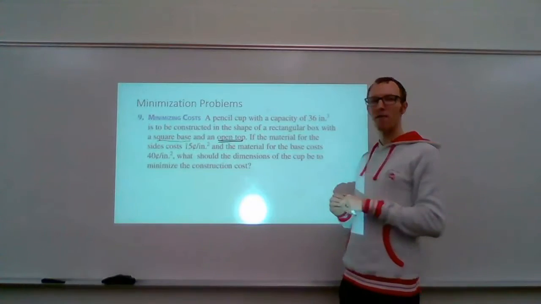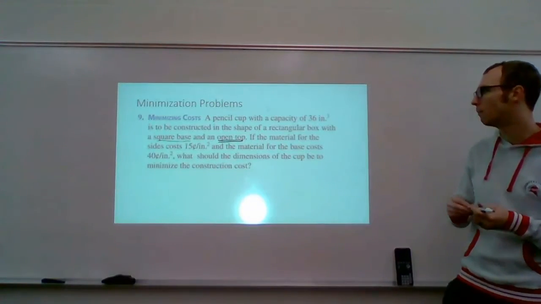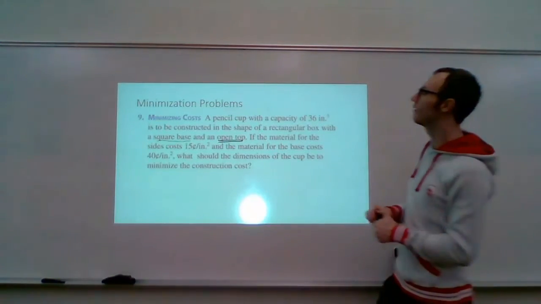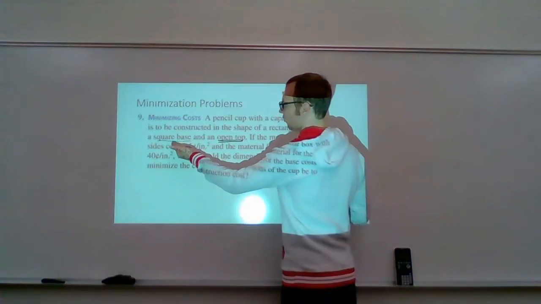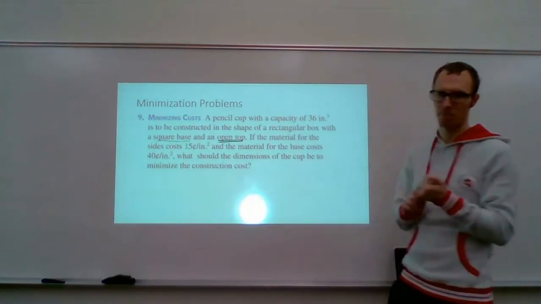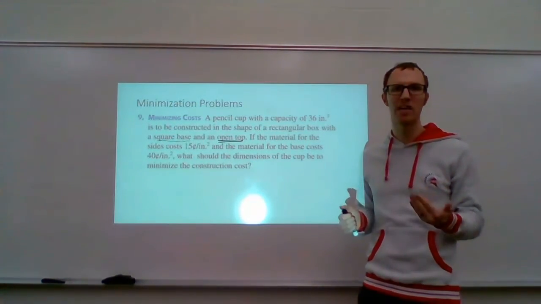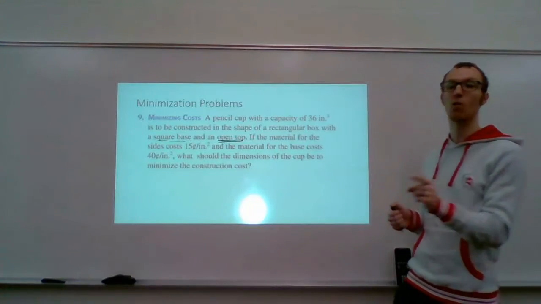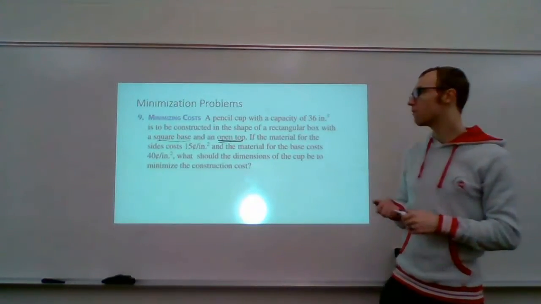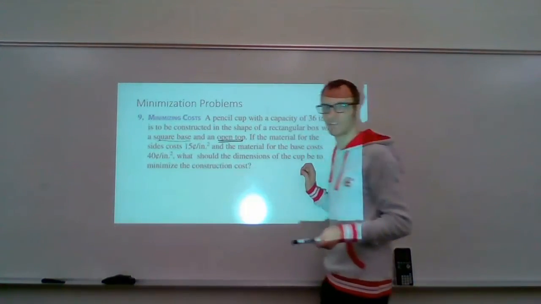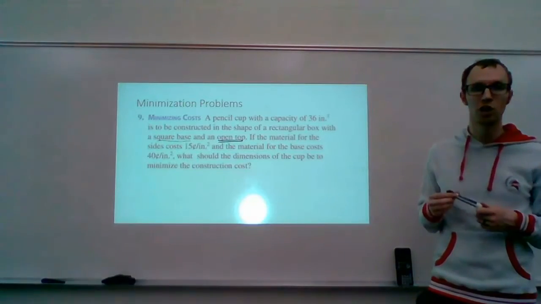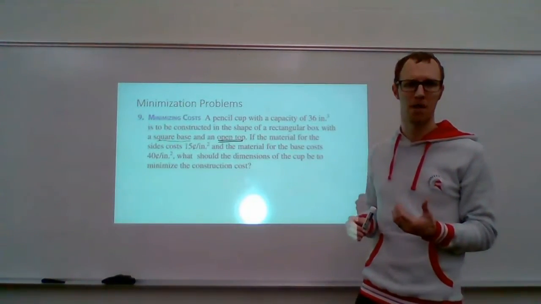When I was first working this problem, I ran into some issues. I didn't realize that it had to be a square base. This square base piece is really important. Normally with a box, there are 3 dimensions, right? There's a length, a width, and a height. Well, the fact that this is a square base tells me there's only 2 dimensions because the length and the width are the same.